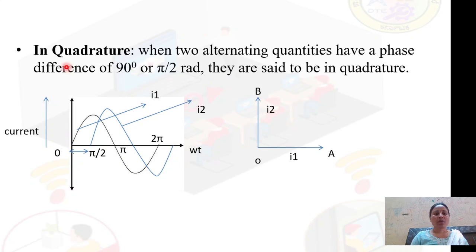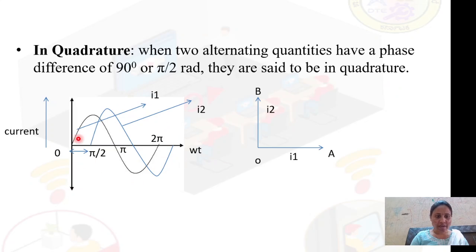Okay. Now, finally, in quadrature, what is meant by the two quantities being in quadrature with each other? If the phase difference between the two alternating quantities is 90 degrees or pi by 2 radians, then we call such quantities in quadrature with each other.